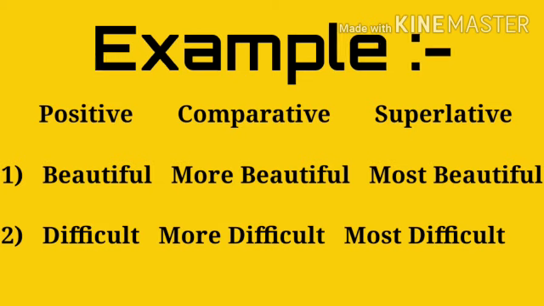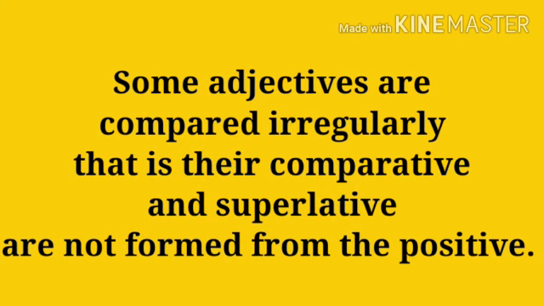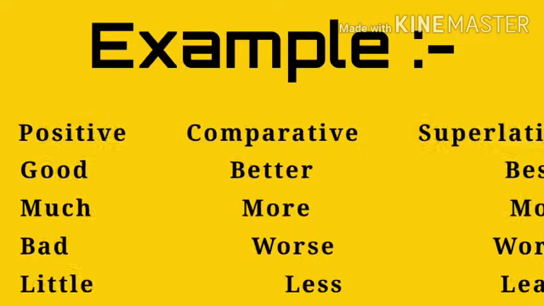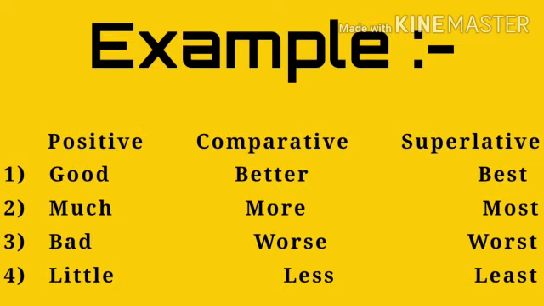Some adjectives are compared irregularly. That is, their comparative and superlative are not formed from the positive. For example, good, better, best; much, more, most; bad, worse, worst; little, less, least.